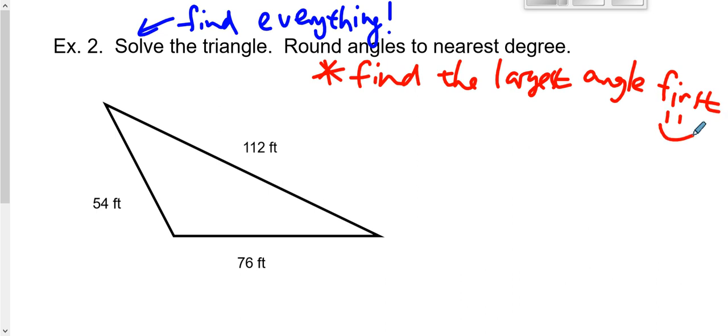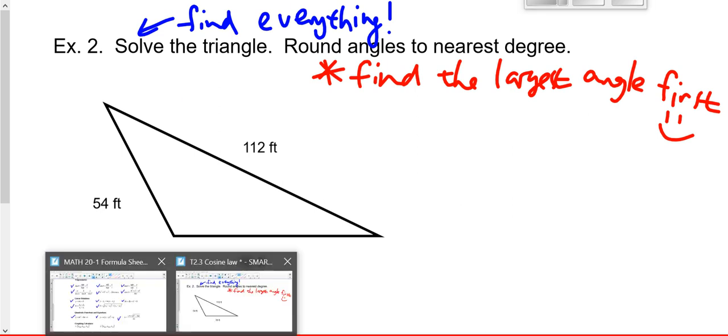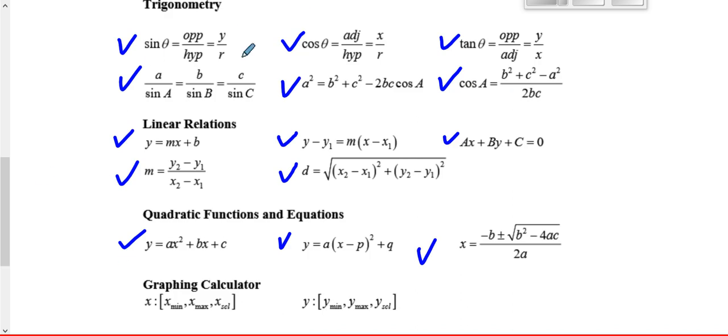As I said, once we get the largest angle, we don't have to worry about the ambiguous case because the angle we deal with is already obtuse. So, if you look at this case here, we are trying to find an angle. If I were you, I would definitely not use this form of the cosine law.